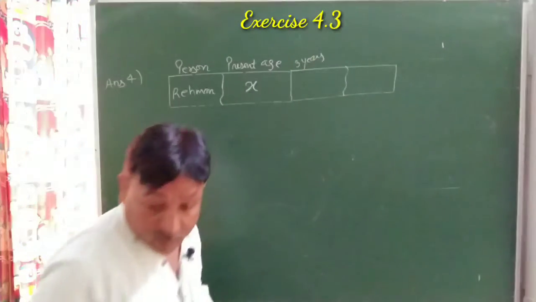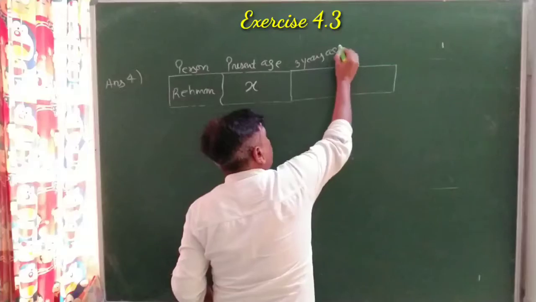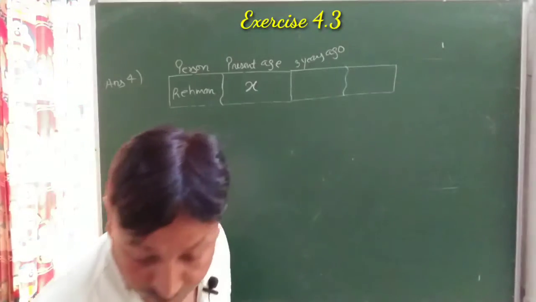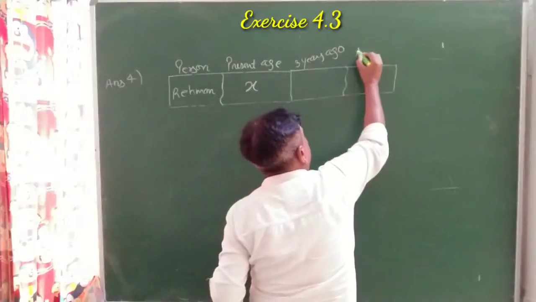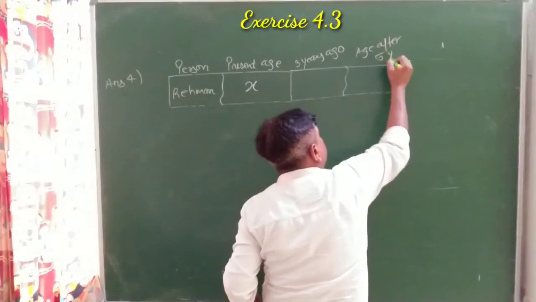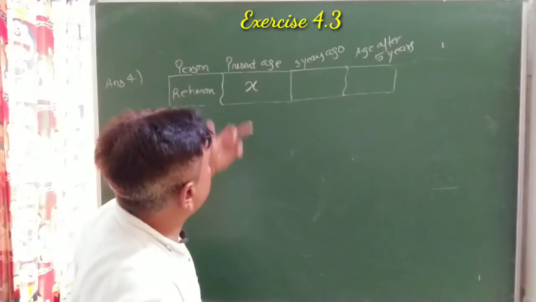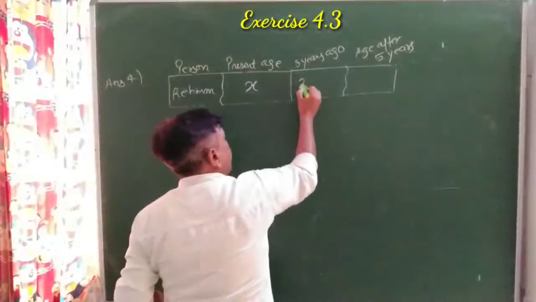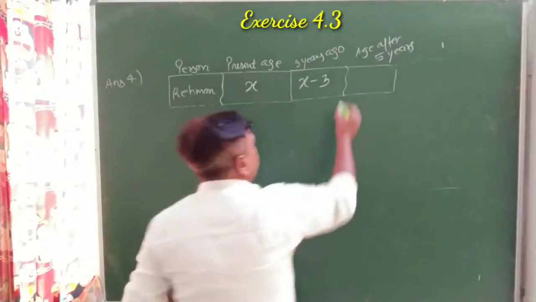First, three years ago. And the second age is 5 years from now, the age after 5 years. So how will we get the earlier age? By subtracting 3 from x. How will we get the later age? By adding 5 to x.